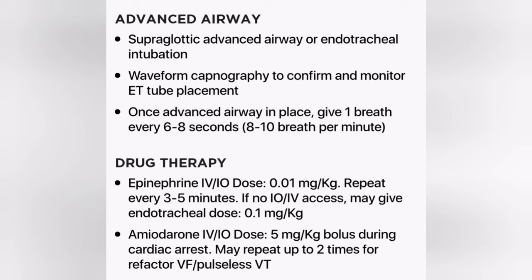Immediately after you attach the monitor, don't go for CPR. Check the pulse. There is a pulse, but it is low. You can see in the cardiac rhythm a heart rate below 60, like 50.